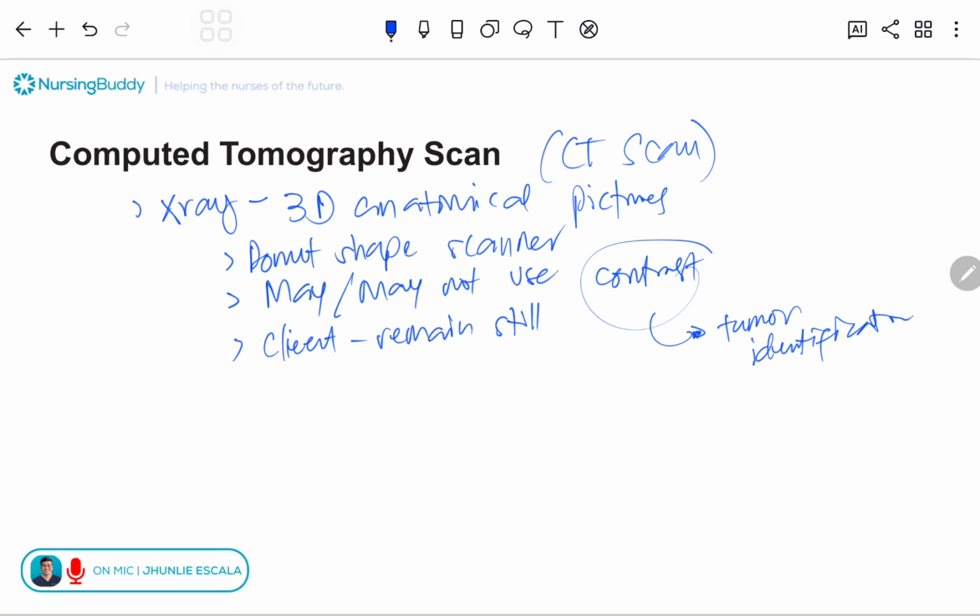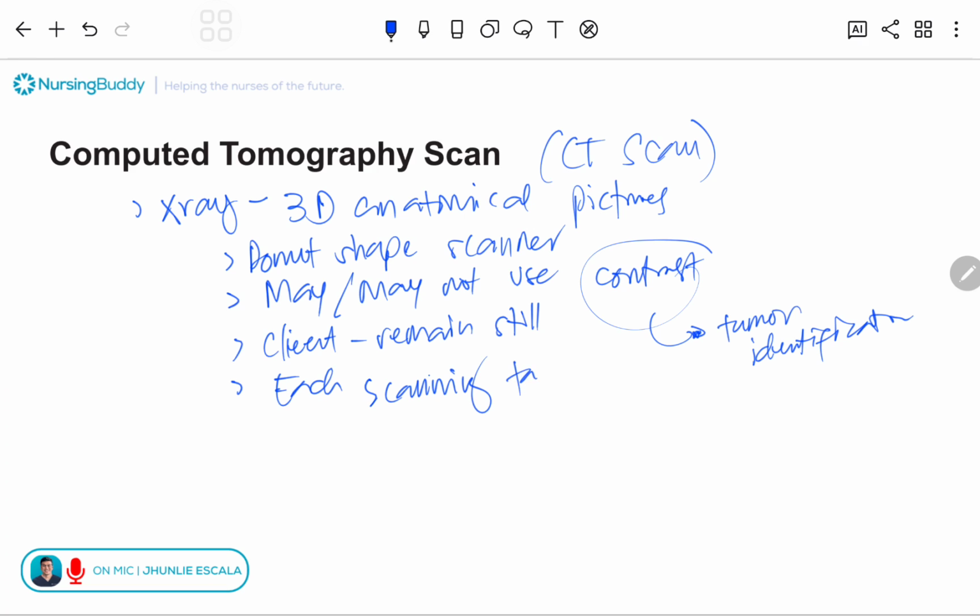And also, kapatid, tandaan po natin that each of the machines or scans, okay, each scanning, class, takes, kung kanina, kapatid, it takes us 15 to 60 minutes. Dito naman, class, mas mabilis.